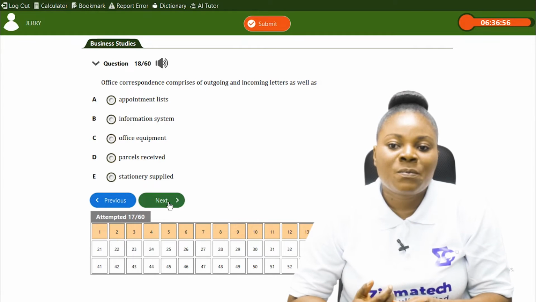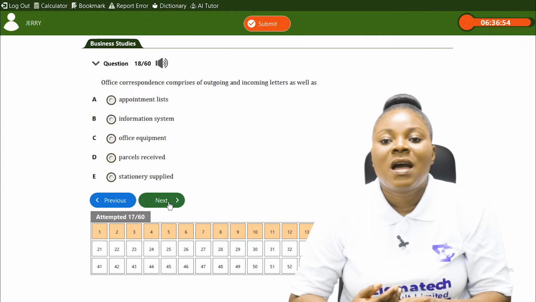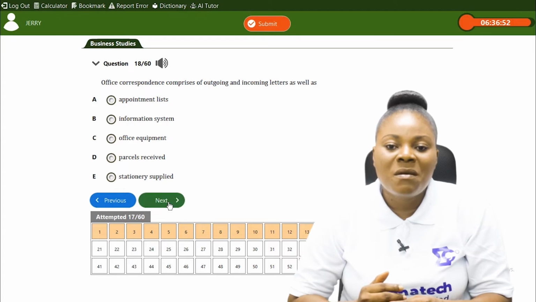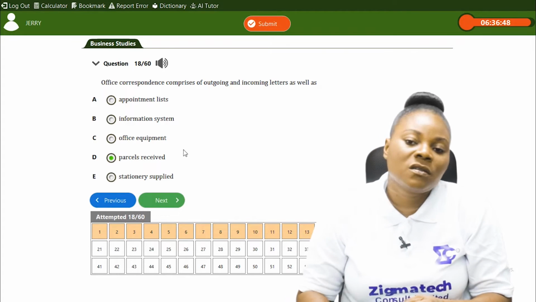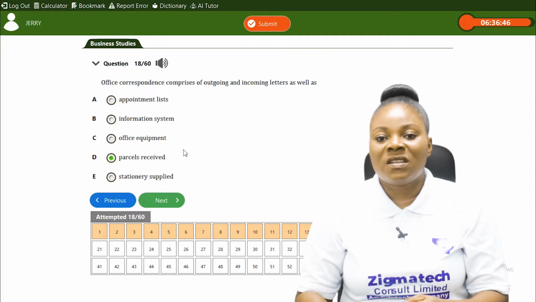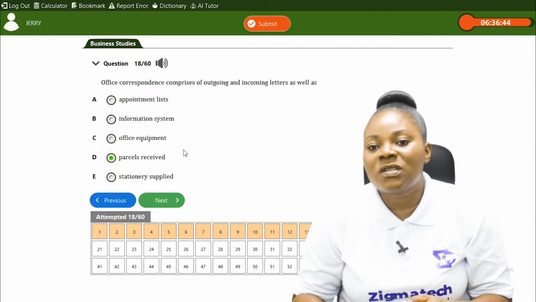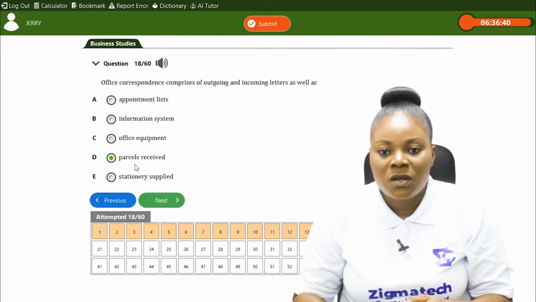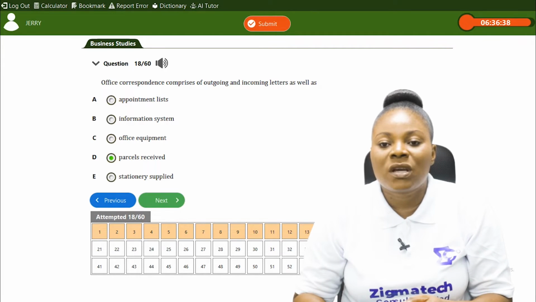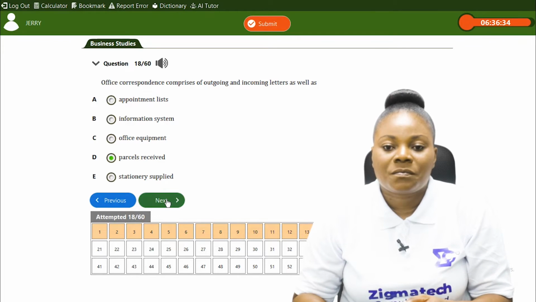The office correspondence records comprise outgoing, incoming mails as well as option D, which is parcels received. One of the things that can be sent through the post office aside from letters is also parcels. So parcels are also recorded in office correspondence records.